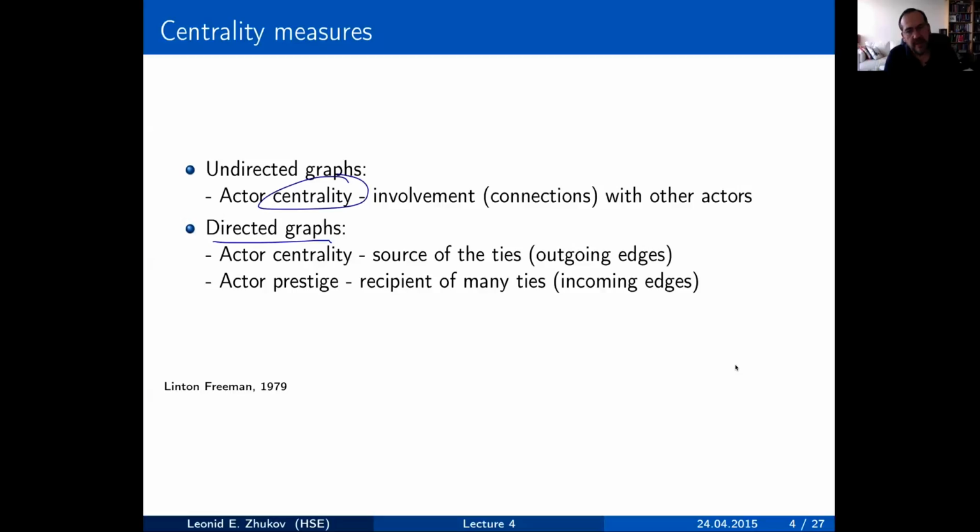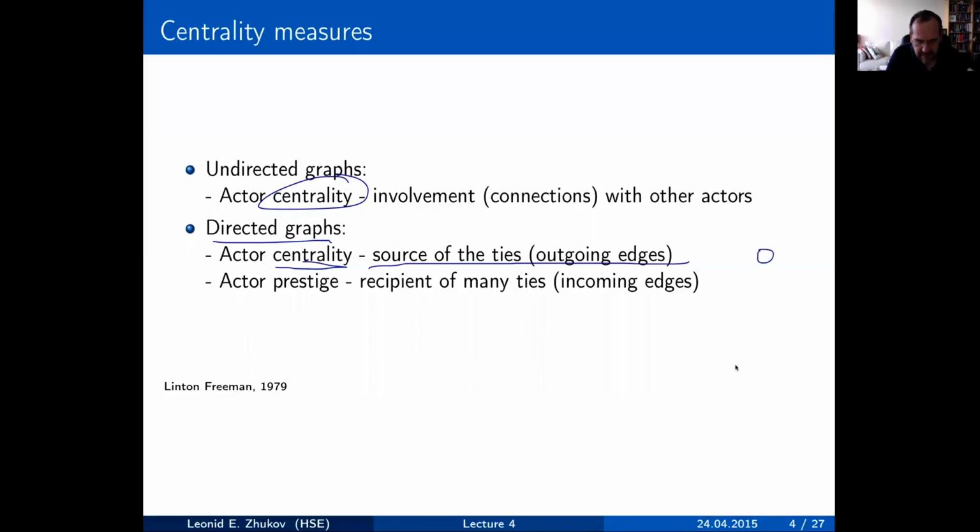Here the terminology differs a little bit. Typically, in sociology, when people talk about centrality of an actor in a directed graph, they mean that this particular actor plays the role of the source of ties, or outgoing edges.